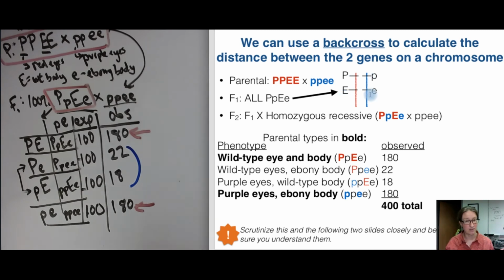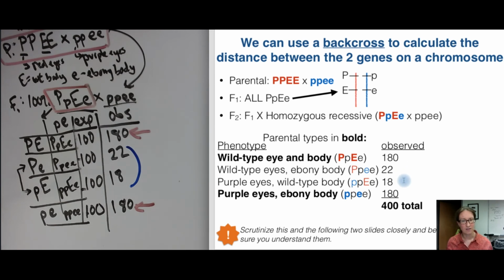So if we picture meiosis happening, we expect to get mostly big P, big E together, little p, little e together. And so then if we're crossing these against little p, little e, and in color, then I'm trying to show you these combinations across the offspring that are produced, right? So here's big P with big E. Here's big P with little e. Here's little p with big E, and then little p with little e from that heterozygote parent. Okay?